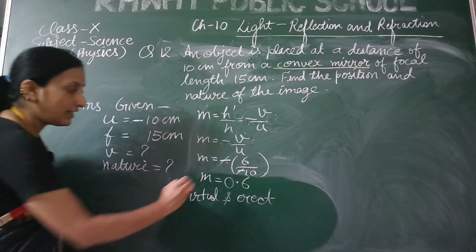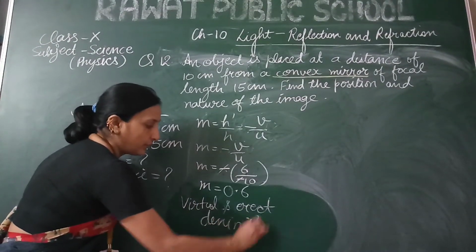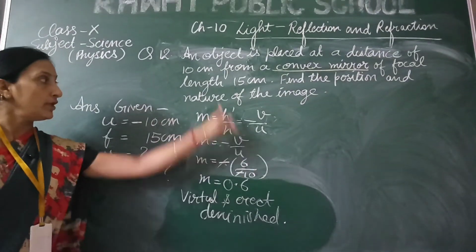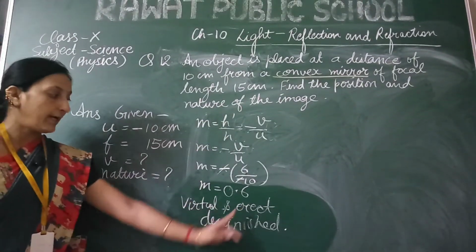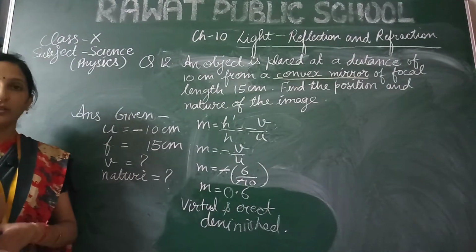So we can see that the image is diminished. So this is about the nature of the image. It is virtual, erect and diminished. So we can easily solve all the questions.